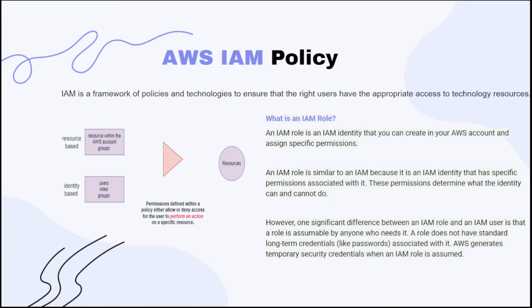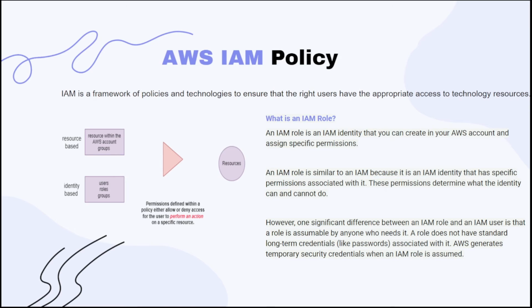One significant difference between an IAM role and an IAM user is that a role is assumable by anyone who needs it. If a user needs this role, they can take it. If a group needs this role, it can take it. If a resource needs this role, it can take it.